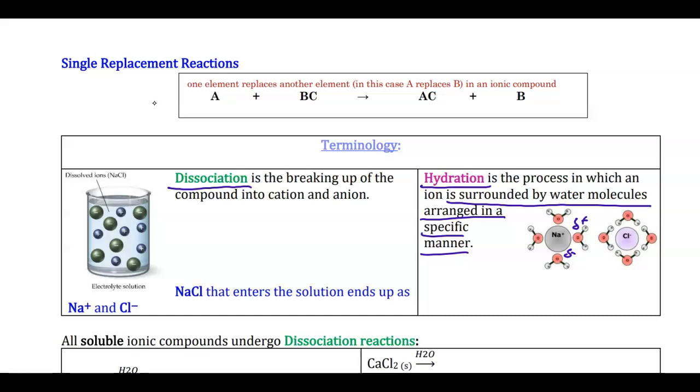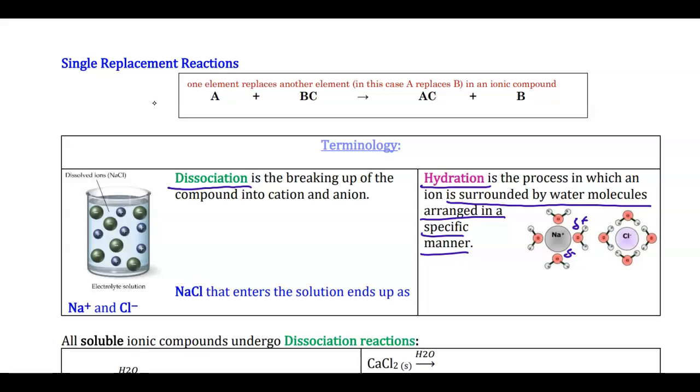But when water surrounds a chloride anion, it turns the other way, with the delta positively charged hydrogen toward it. So this is the dissociation process, the breaking up of the compound into cation and anion.